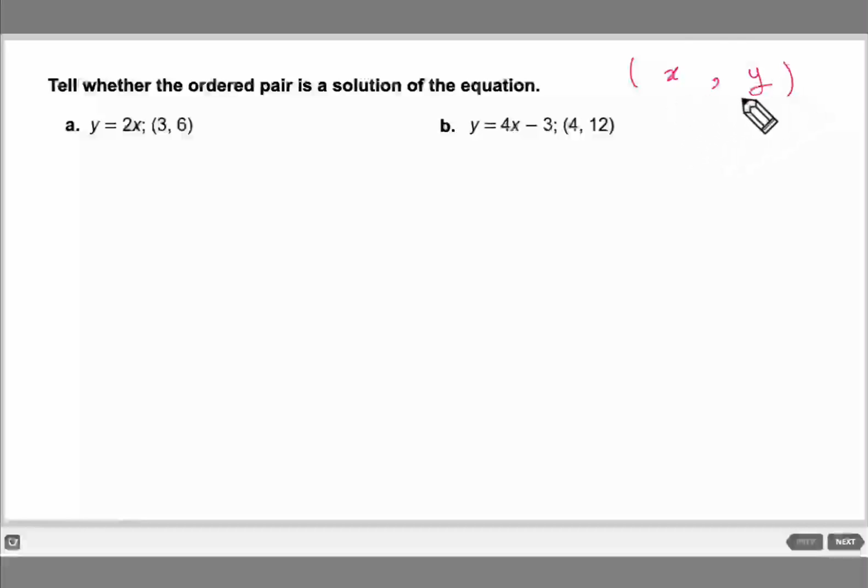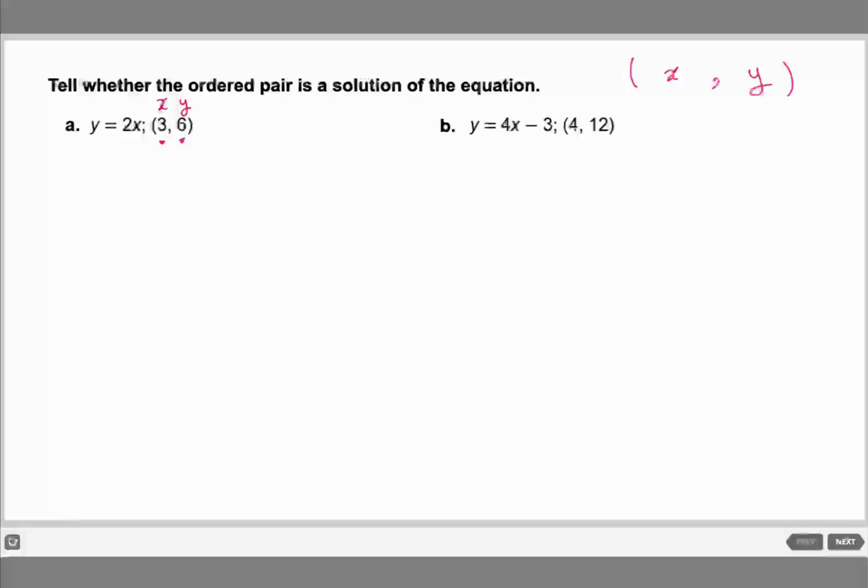So x and y. Here is the x, the first number is the x, and the second number is y. So the value of x is 3, and the value of y is 6.